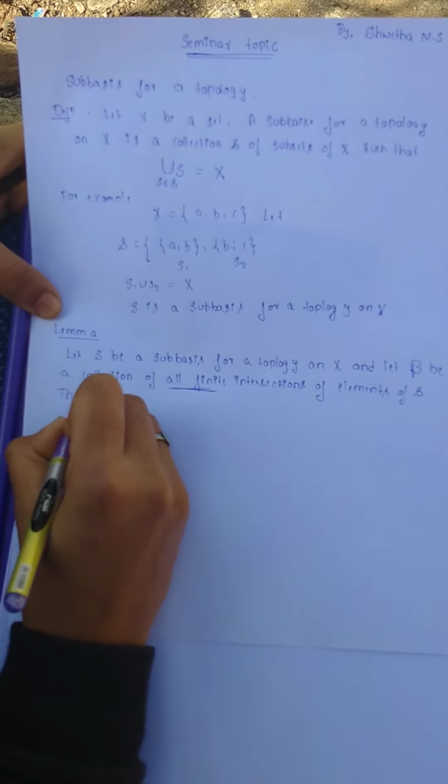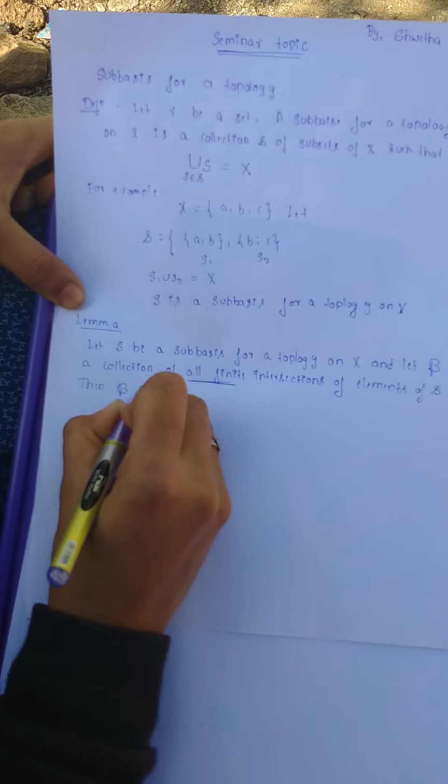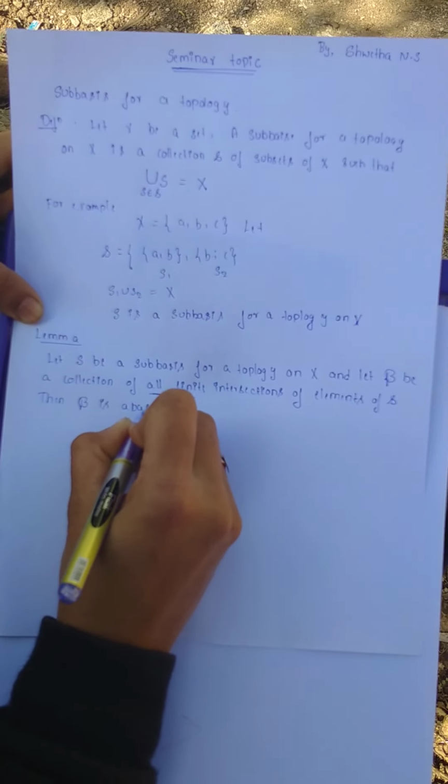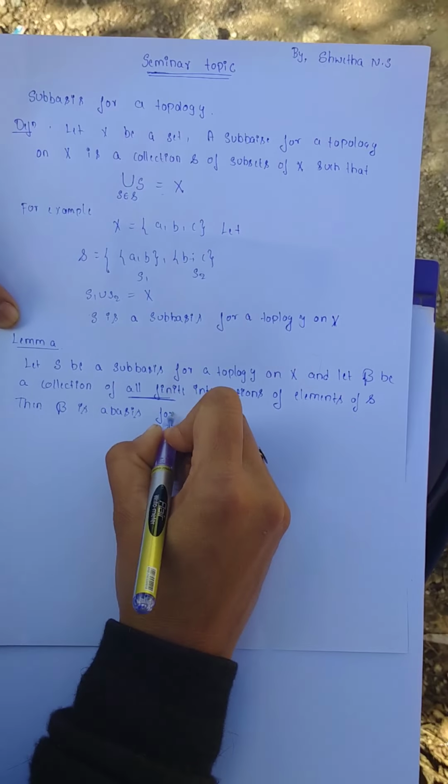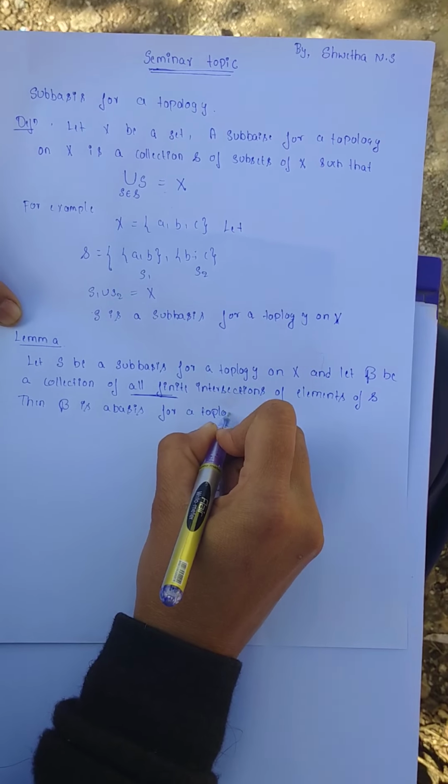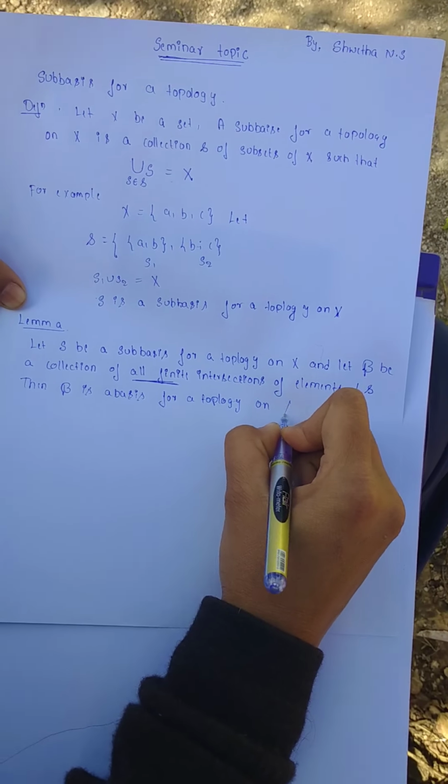Then the lemma says that B is a basis for a topology on X.